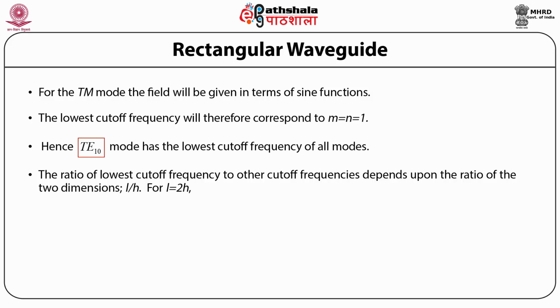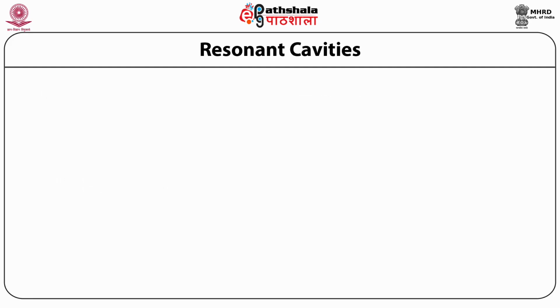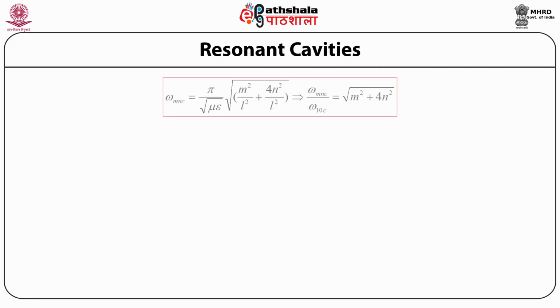So if we consider the case where L is equal to twice h, then the cutoff frequency ω_mnc = π/√(με) times √(m²/L² + 4n²/L²), and this gives ω_mnc/ω_10c = √(m² + 4n²).